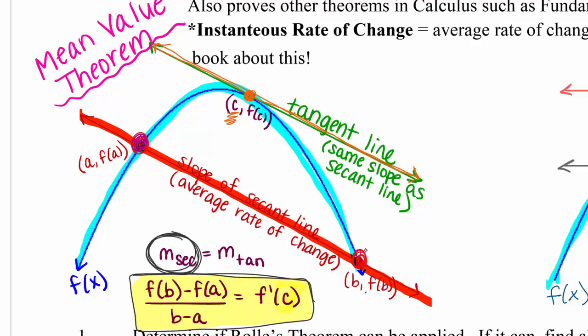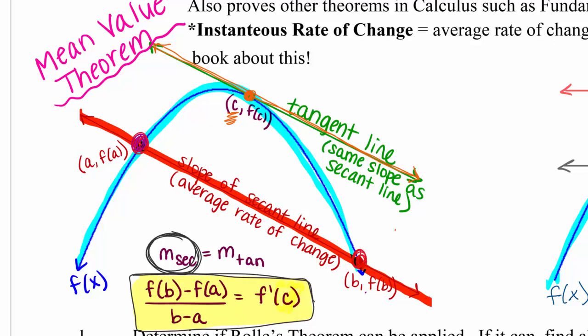I can see that these lines are parallel, both this tangent line up above in orange or green and this big red slope of the secant line. This is guaranteed by the mean value theorem.